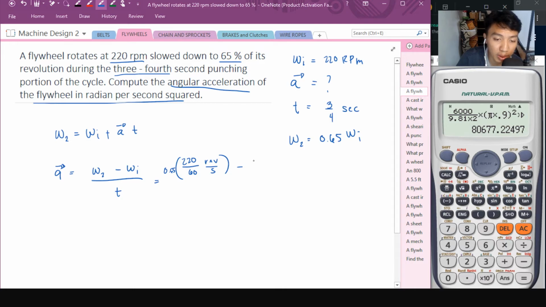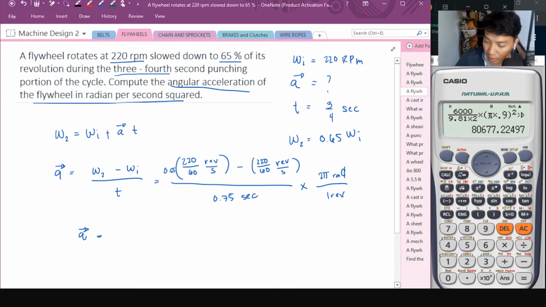Tapos, yung una, 220 divide by 60, revolution every second, divided by 0.75 seconds. Magiging revolutions yan. Hindi revolutions per second squared. So, ang kailangan mo, radian per second squared. O, ilang radian ba per revolution? You have 2 pi rad in every revolution.